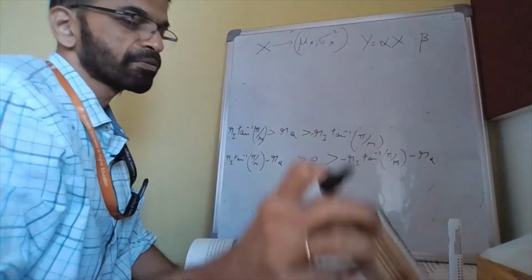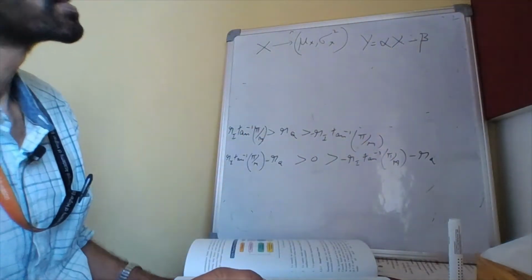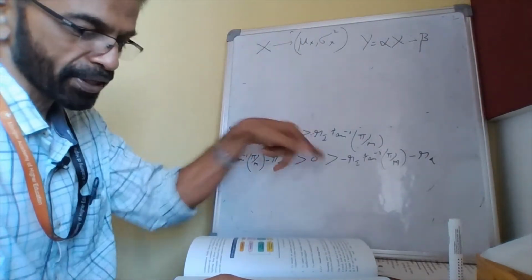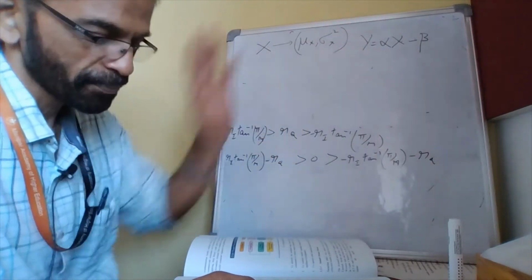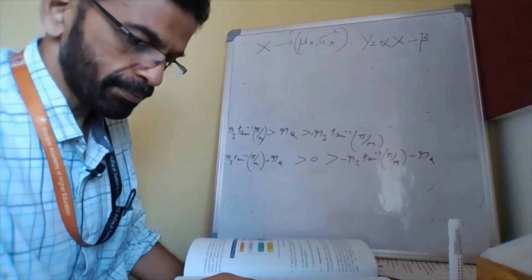Let's make it alpha x minus beta, so that I can make it easier when I relate this with what I have here, because I am subtracting something here. Okay, right.